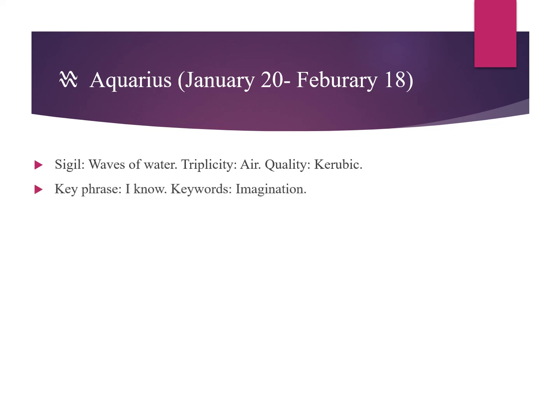Next is Aquarius, which runs from January the 20th through February the 18th. The sigil for Aquarius is waves of water. Its triplicity is air, and its quality is cardinal. The key phrase for Aquarius is I know, and the key word is imagination.